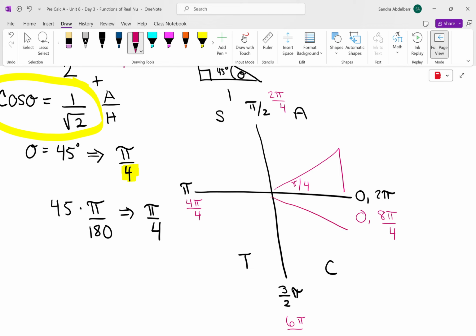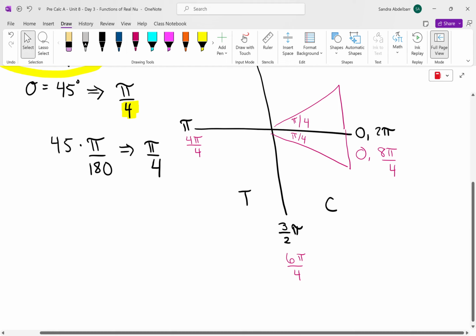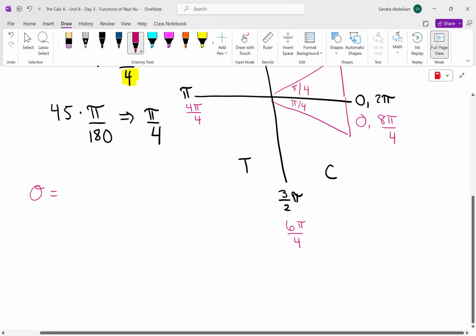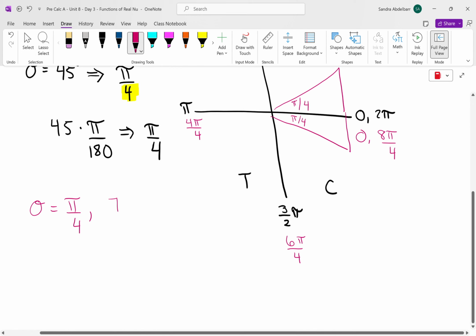But then I'm also here in this quadrant. We know this is 8 pi over 4, but now I'm going to subtract a pi over 4, which will bring us to what? 7 pi over 4. So our theta is pi over 4, which was the one in quadrant 1, but then we were also 7 pi over 4, which brought us to quadrant 4.